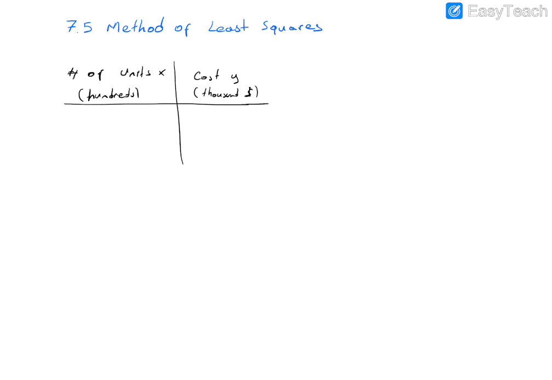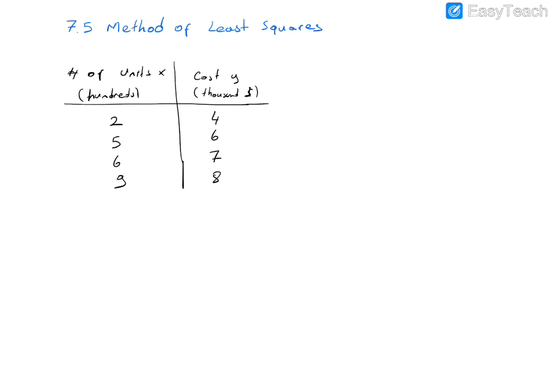According to the observations, when x equals 2, the cost is 4, which means $4,000. When x equals 5, the cost is 6. When x equals 6, the cost is 7. When x equals 9, the cost is 8.